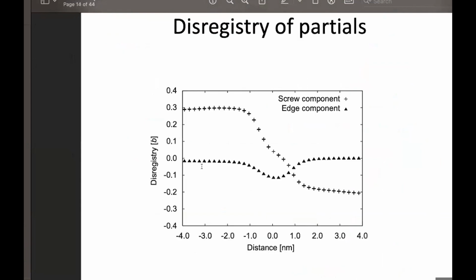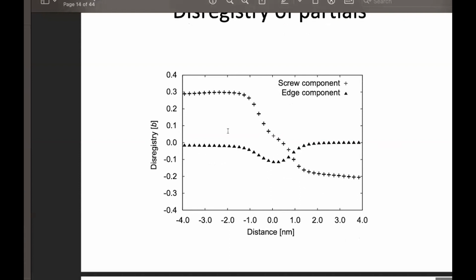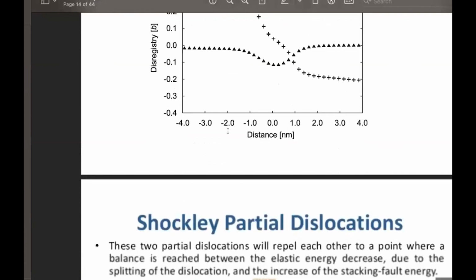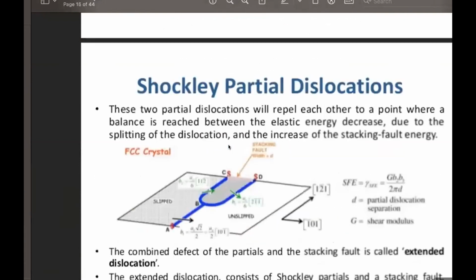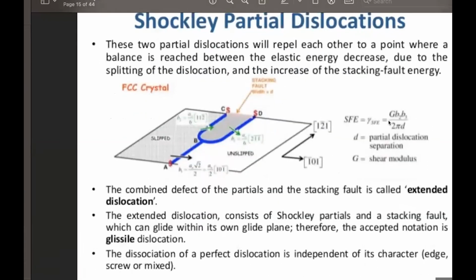Here you can have some graphs; you can take a look at them. I'll just post this one. For the stacking fault energy, the formula is just G, the shear modulus, times b2 times b3, which are the Burgers vectors of the partial dislocations, divided by 2 pi d.